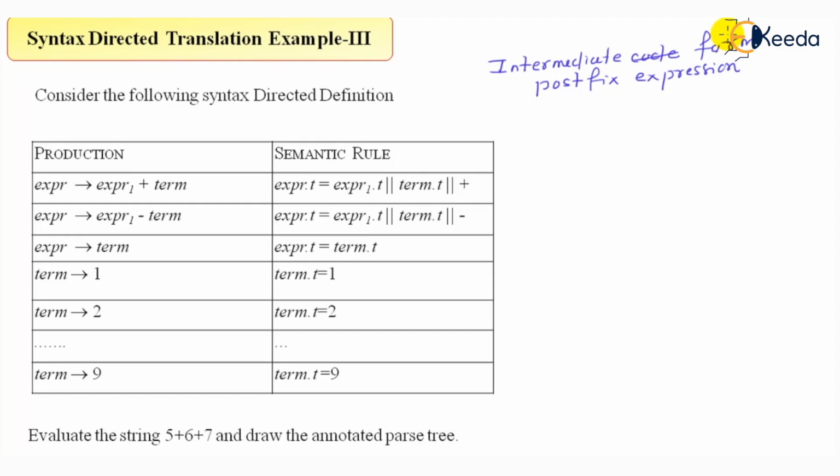your postfix expression. There is an expression grammar and the semantic rules. We will follow the rules, and ultimately what this semantic rule will do is convert an expression into the corresponding postfix expression.